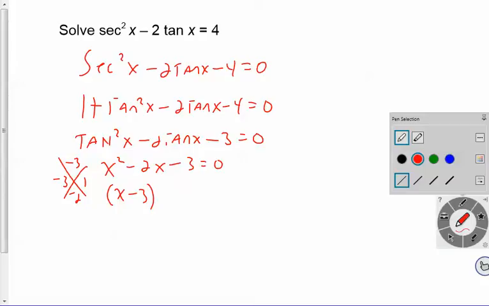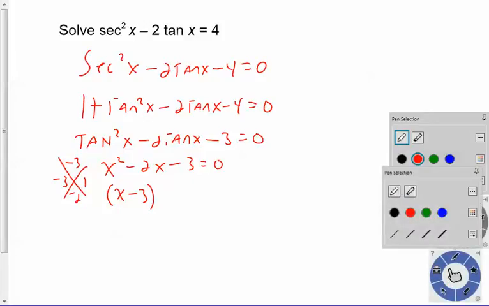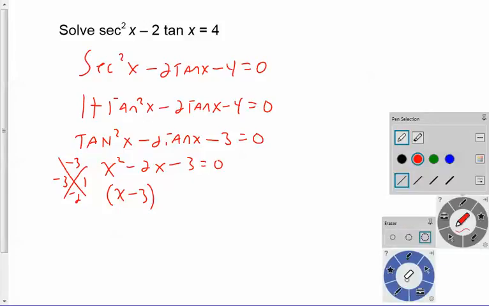Well, let me see. Hold on a second. That's not right. Why isn't this right?